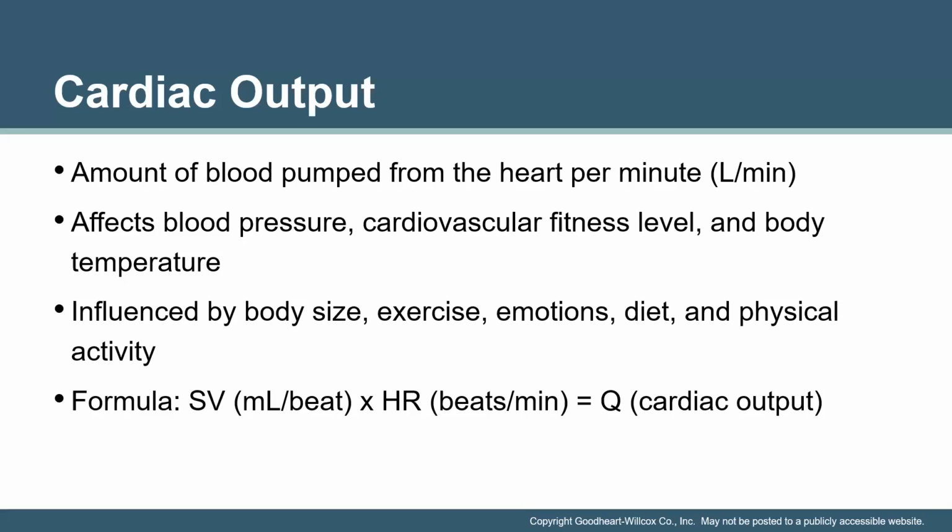Cardiac output is determined by multiplying the heart rate by the stroke volume. Heart rate and the mechanisms that control it, we'll get there, okay? The average cardiac output for an adult is between 5 to 6 liters per minute. Cardiac output is influenced by many factors like body size, exercise, emotions, diet, and physical activity.